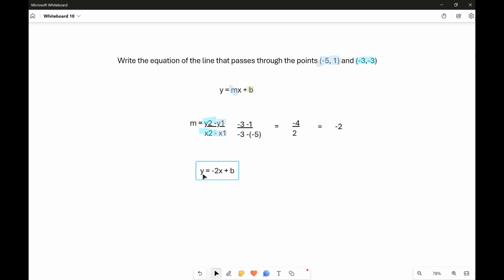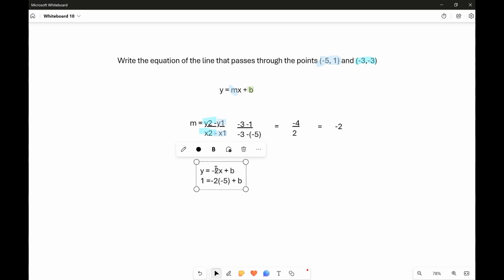So I'm going to replace the y with this 1. That's going to be equal to negative 2 times the x, which is negative 5, and plus b.